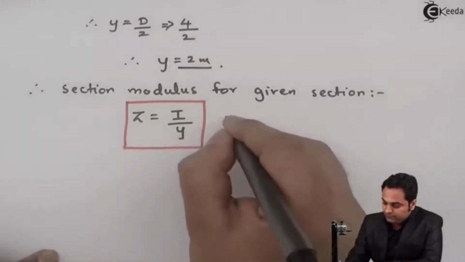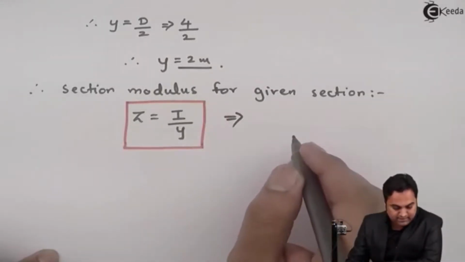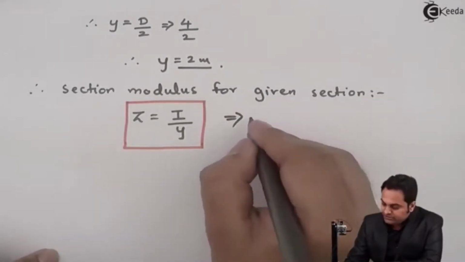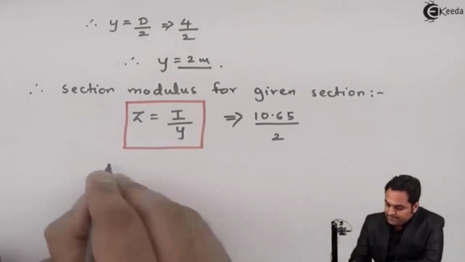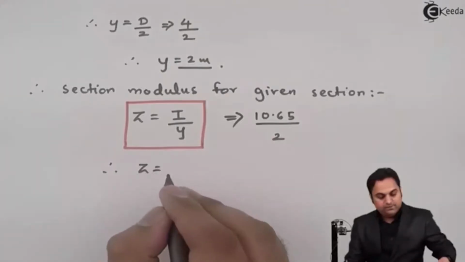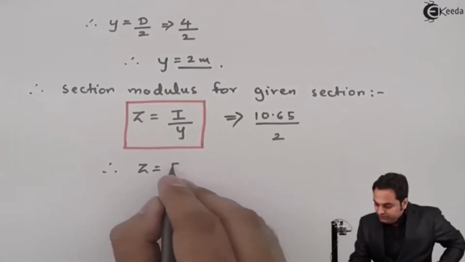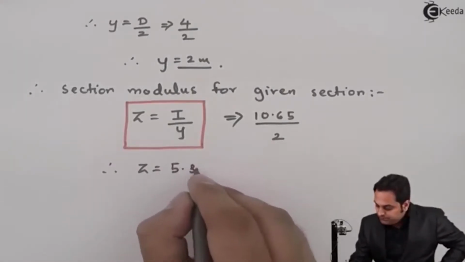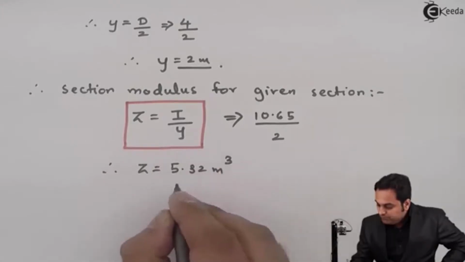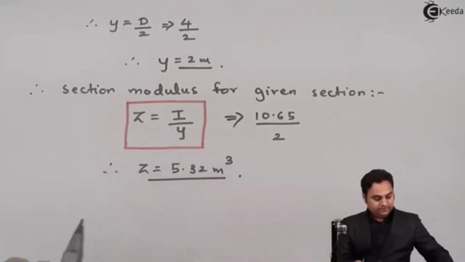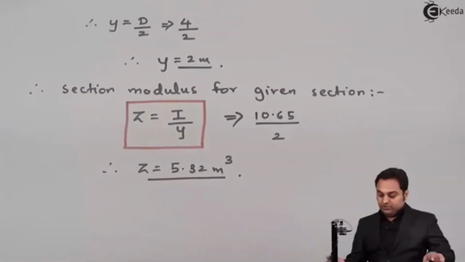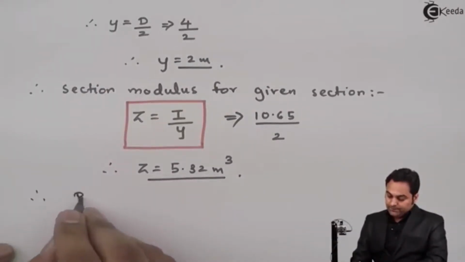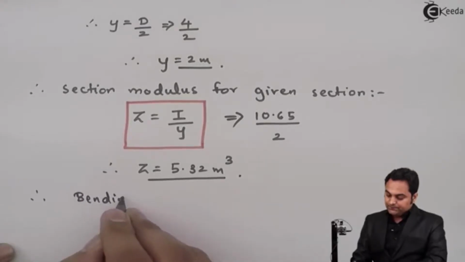So putting the values here, I was 10.65, y is 2, so therefore z will be 5.32 meter cube.